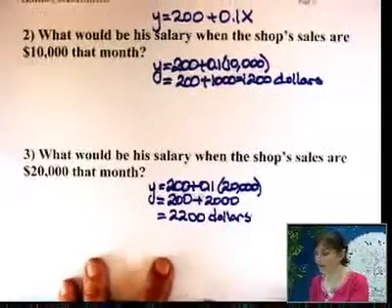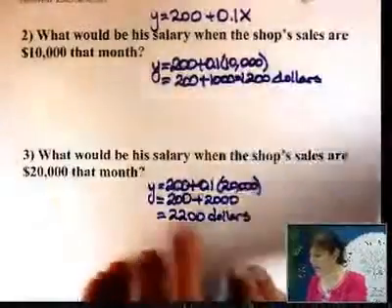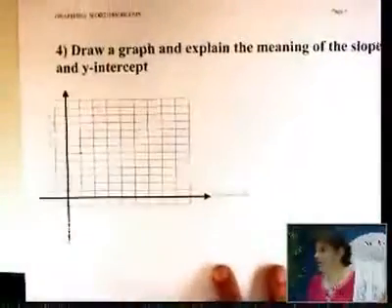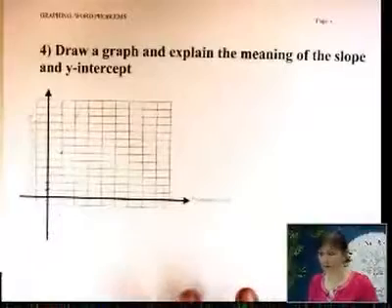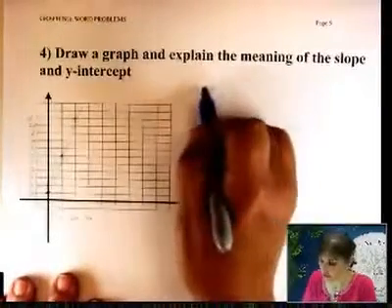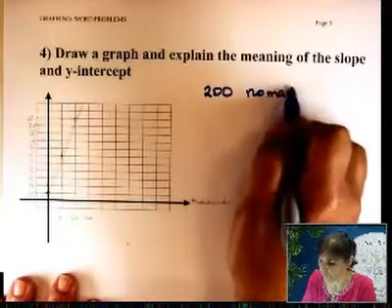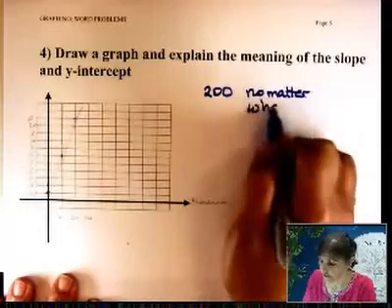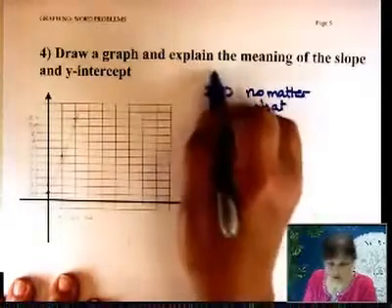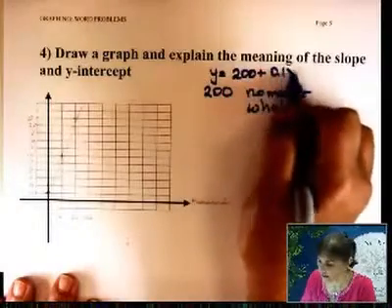Very good. Now, when you look at what all that means graphically, draw a graph and explain the meaning of the slope and y-intercept. Remember, he made $200 no matter what. No matter what means, here was your equation, 200 plus 0.1x.